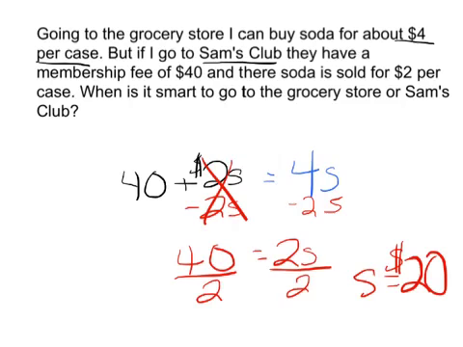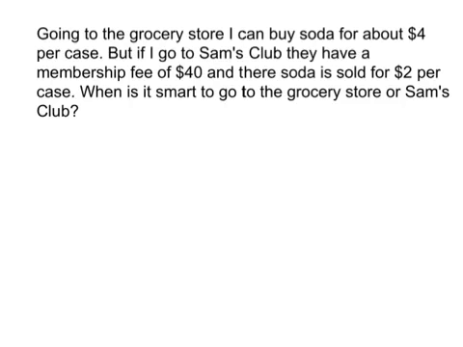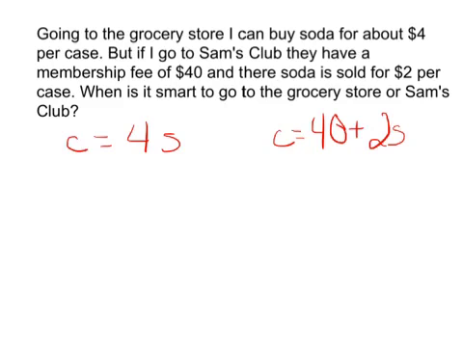Now, here's what we can do. We're going to write out those equations: C equals 4S for the grocery store, and C equals 40 plus 2S for Sam's Club. Then we're going to plug in not 20, because I know at 20 it doesn't matter where I go, but let's just try 10.